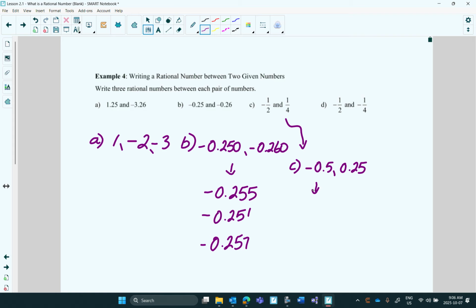What do you think? What might be an obvious number between a negative and a positive? Always 0. Definitely 0.